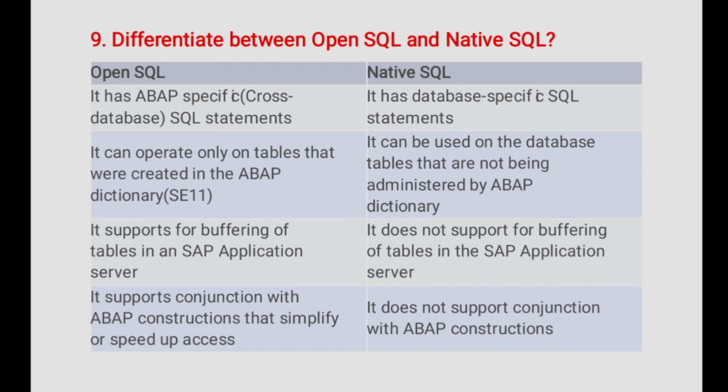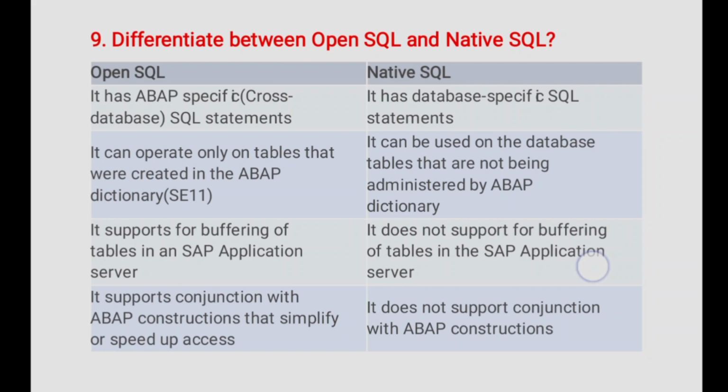Very important question. Differentiate between OpenSQL and native SQL. OpenSQL has ABAP-specific cross-database SQL statements, whereas native SQL has database-specific SQL statements. OpenSQL can operate only on tables that were created in the ABAP dictionary, whereas native SQL can be used on database tables that are not administered by the ABAP dictionary.